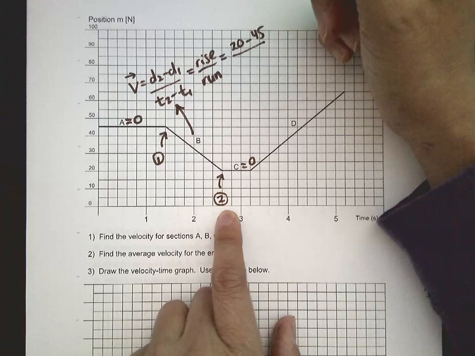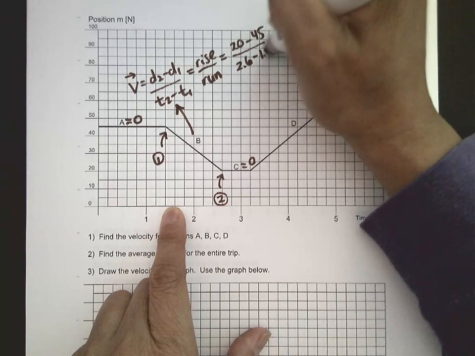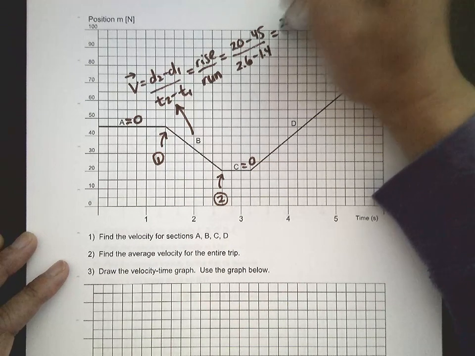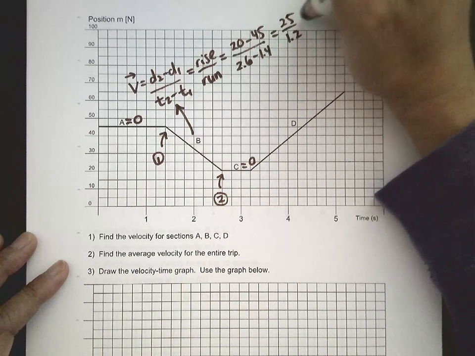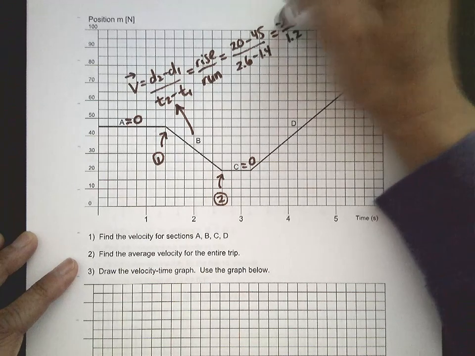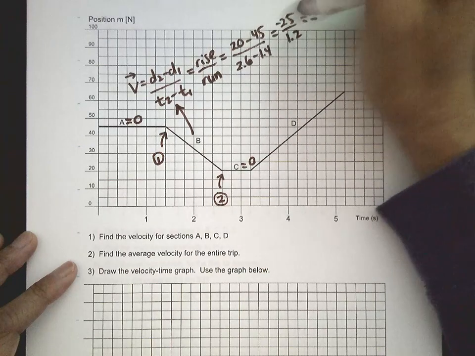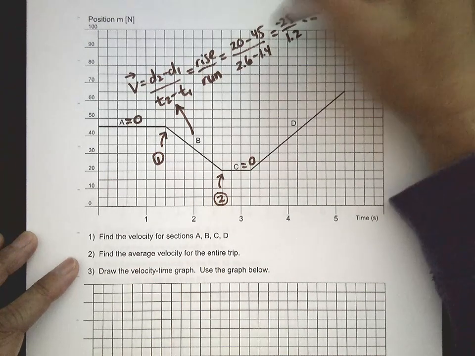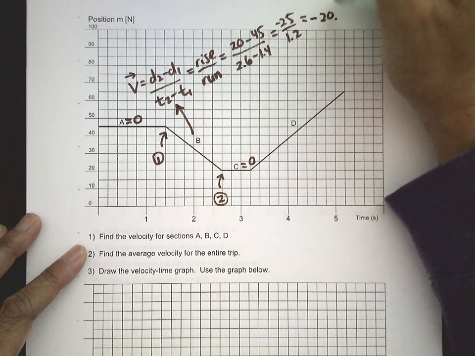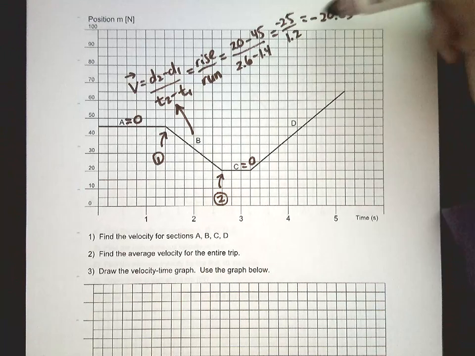The time here is going to be 2.6 minus 1.4. That works out to be 25 over 1.2. Remember it's 20 minus 45, which is minus 25. If you work it out on your calculator, that's going to be minus 20.83 repeating. Okay, that makes sense.